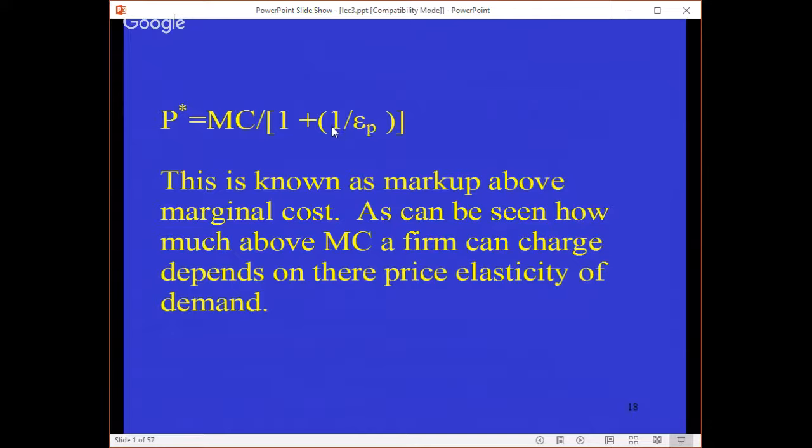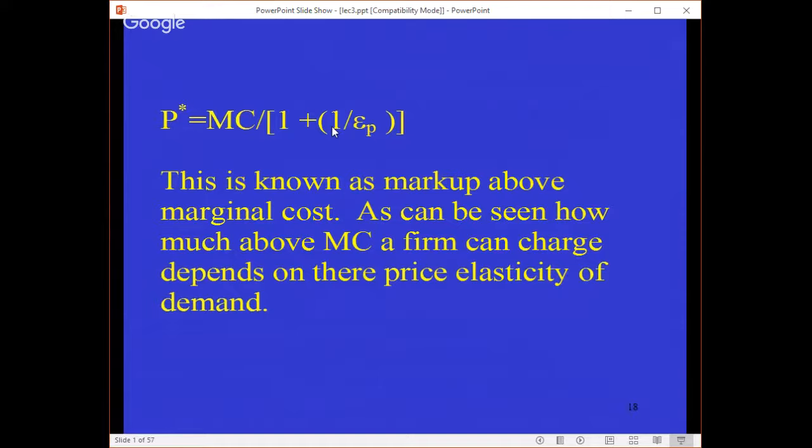So do I want elasticity to be a big number or a small number? Elasticity, I want to be a small number. Okay, remember, elasticity is negative. If I have 1 over a small number, what do I get? A bigger number.